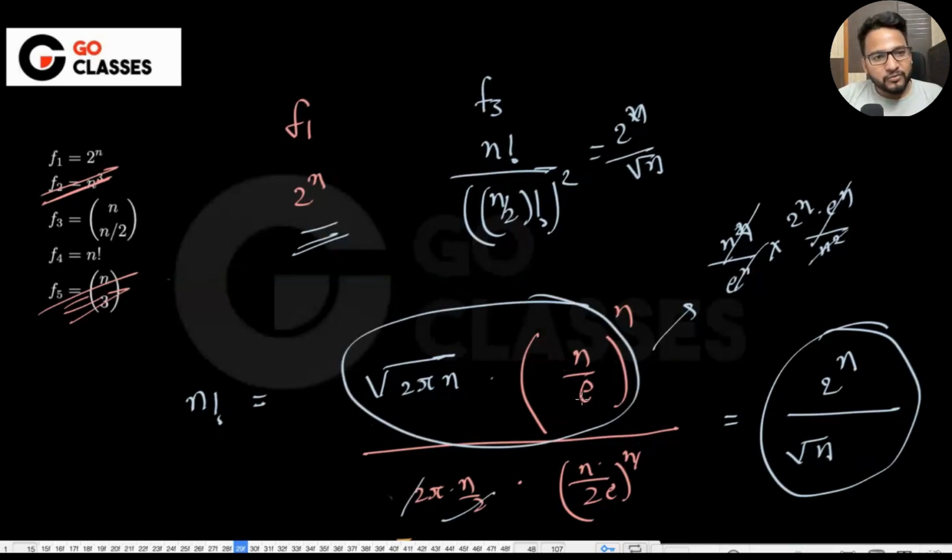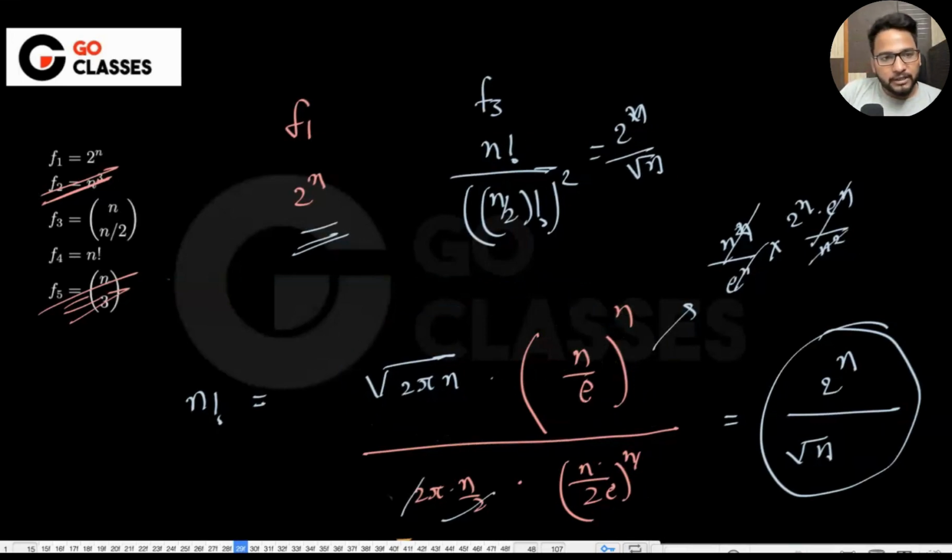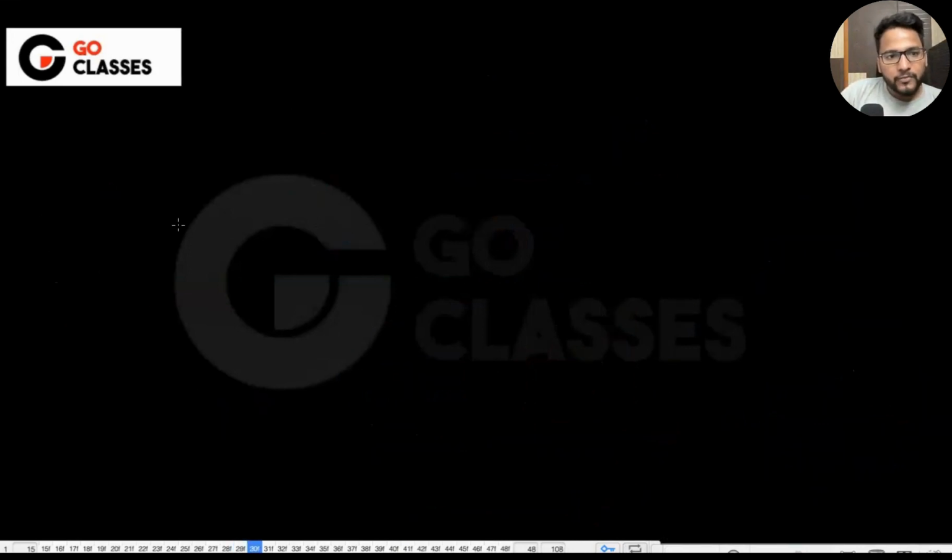Can we think in terms of sum of binomial coefficient? This way 2 power n will be greater than f3. Okay. Can you tell me that formula? 2 power n is NC0, I think. Is this correct? Okay.